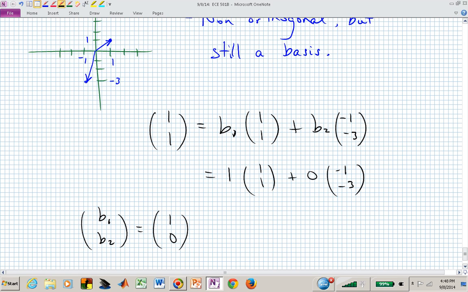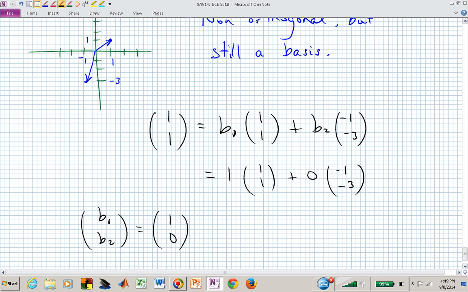I don't think that's the way it was completely stated before, but now it's reworded. So yes, that's a good question, but that's the only linear combination of b1 and b2 that will get you to that point if you have a basis, a set of basis vectors.